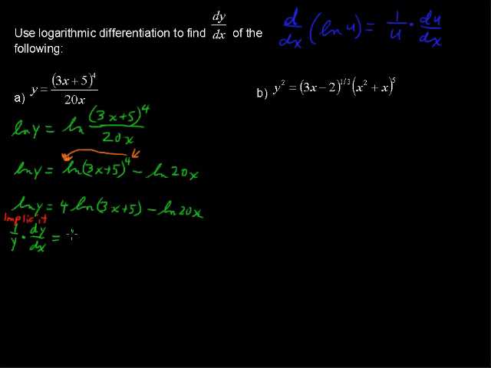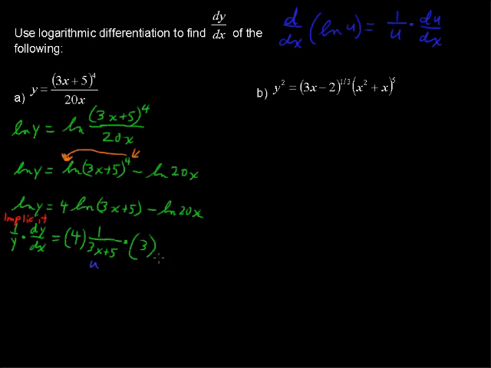Equals, the 4 just tags along, 4 times 1 over the u, that's 3x plus 5. Just to make a note of what we've done up here, this is our u, multiplied by the du dx, the derivative of 3x plus 5, and that's just 3.